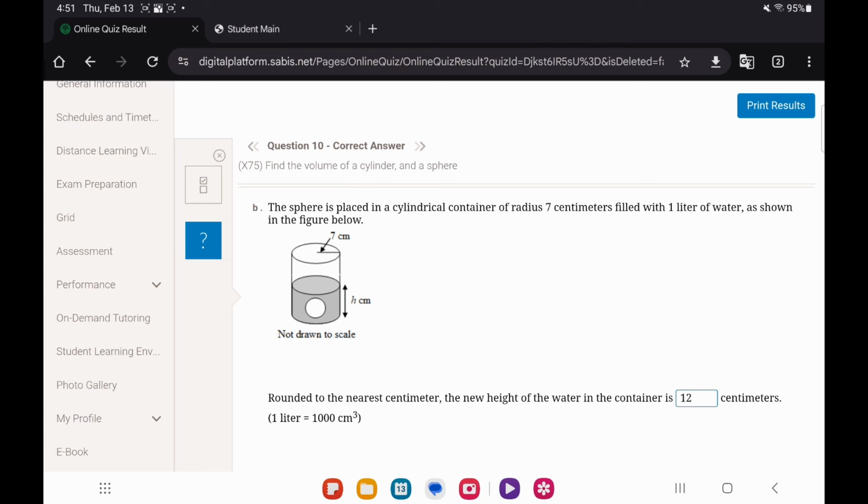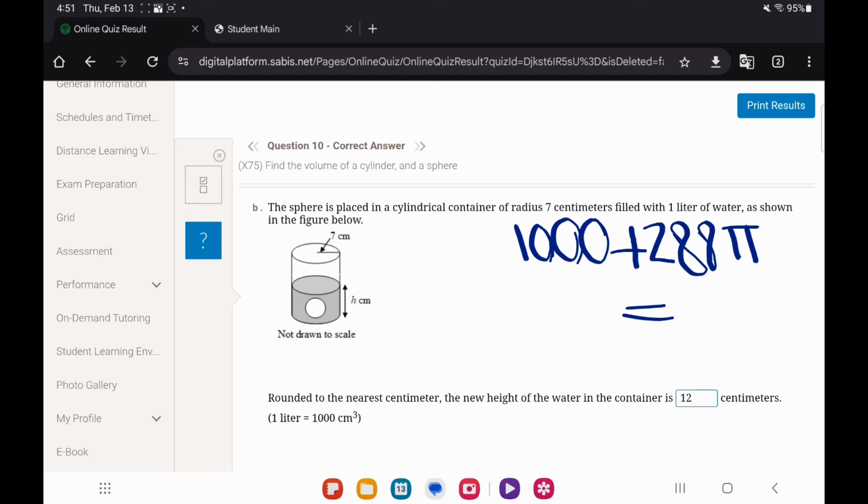Okay, so here they're already making things easier for us, and they already told you how much 1 liter is in cubic centimeters. So 1000 cubic centimeters plus 288 pi equals, let's do it on our calculators, 1000 plus 288 pi equals 1904.77.